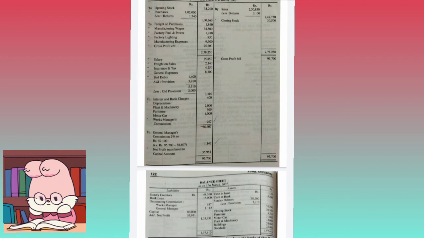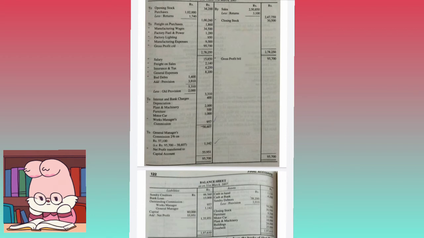Okay, if we deduct all these items, we will get the balance of 57,100, and on this you will do 2%, you will get 1142. You will get 1142 as a general manager's commission.